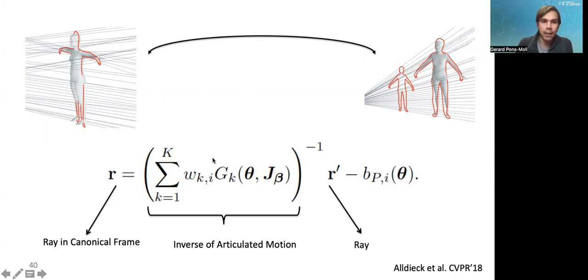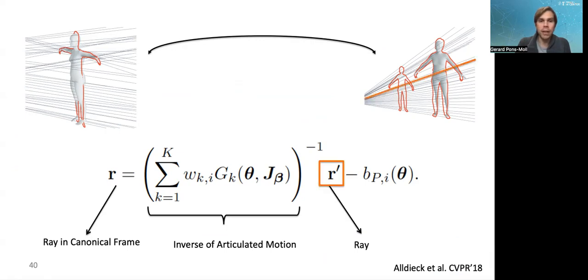And so this linear combination of transformation matrices that come from linear blend skinning needs to be inverted. That's why you have this -1. And then after inverting the articulation, you need to subtract the contribution of the pose blend shapes. So essentially, this is like moving a vertex forward, but moving it backwards, and not applying it to a vertex, but applying it to a ray, the line.